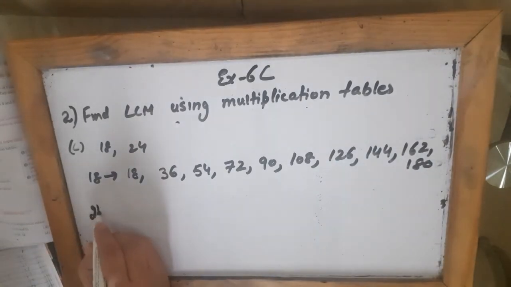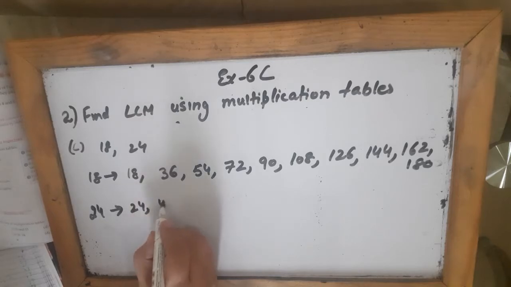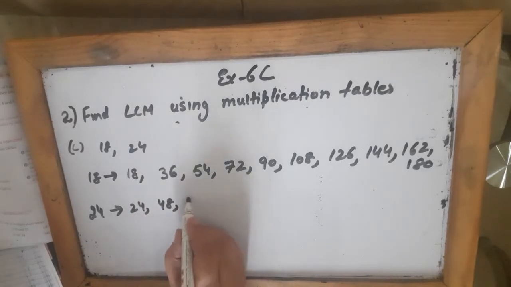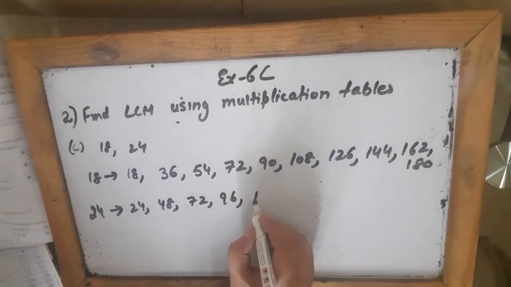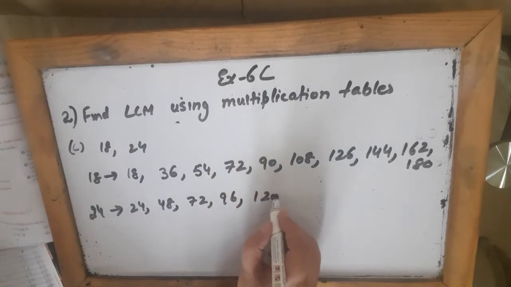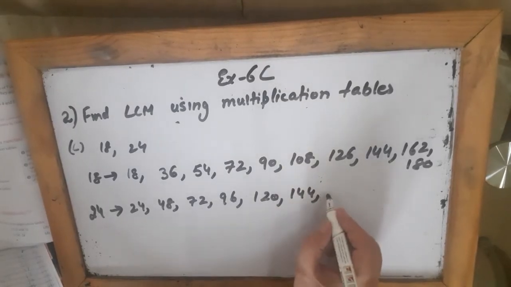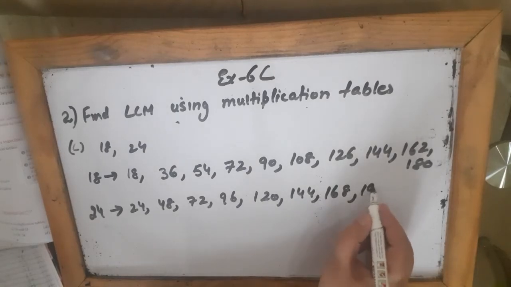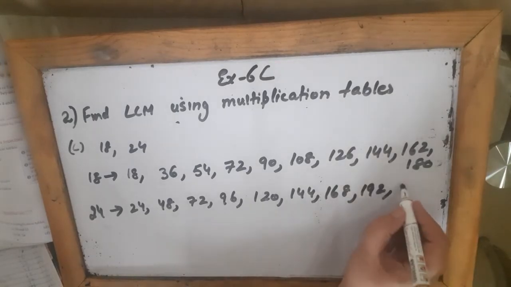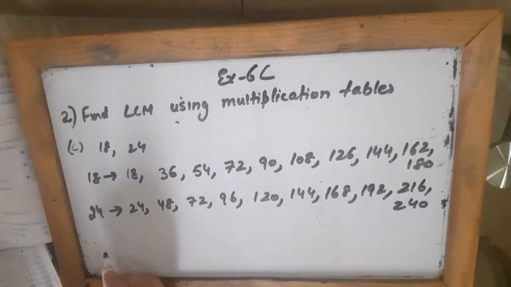Now what is the table of 24? 24 ones are 24, 2s are 48, 3s are 72, 4s are 96, 5s are 120, 6s are 144, 7s are 168, 8s are 192, 9s are 216, and 10s is 240.